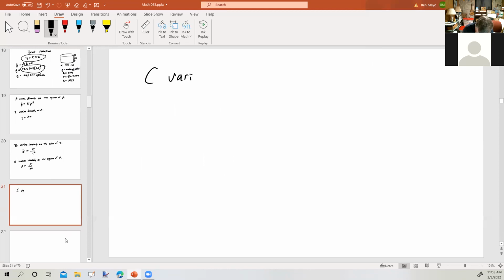C varies jointly as X, Y, and Z. So C equals K, X, Y, Z. So joint variation can have more than two. In this case, it has three variables on the right. It just means there's more than one variable over there. 2, 3, 4, etc. Okay.